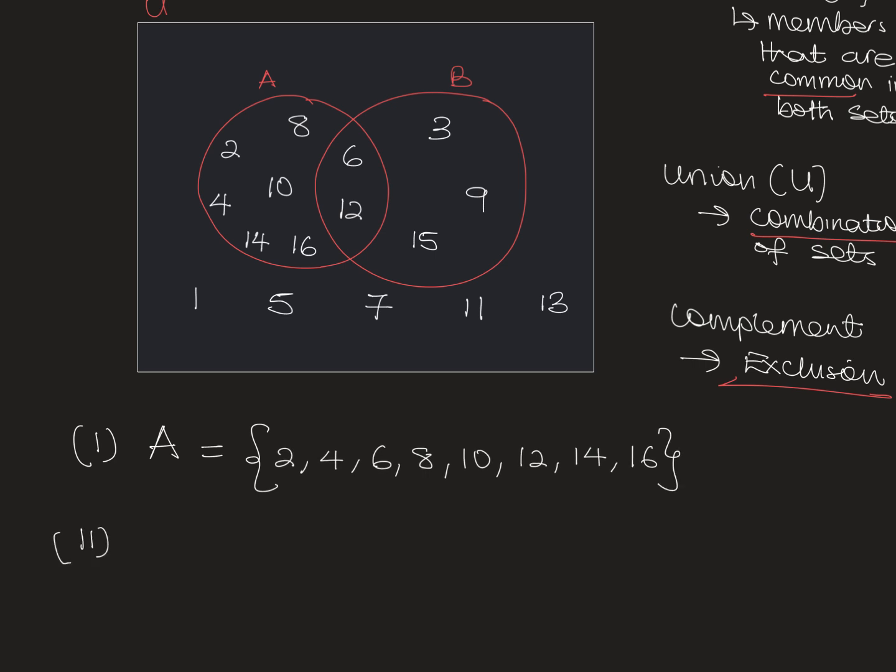Question 2 asks us to give members of B. Members of B are 3, 6, 9, 12, and 15.